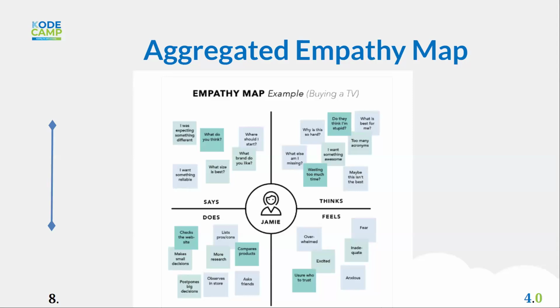Let's say you're working on a fintech application. Anything that Rashida says about a fintech, you write it on the same quadrant. What she thinks about a fintech app, you write it there. This aggregation can be overwhelming to understand when you have a whole lot of users that you interviewed. So either you place each user on a quadrant, or you combine everything that each of the users said on one quadrant. You understand?